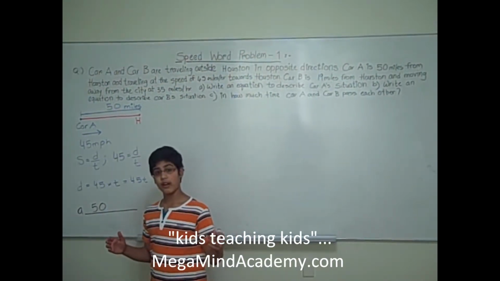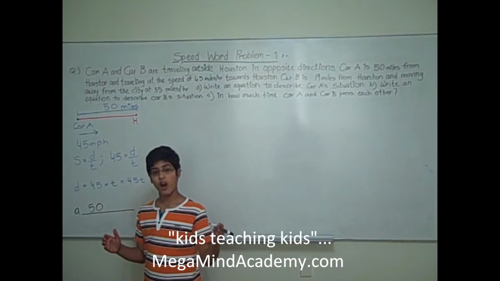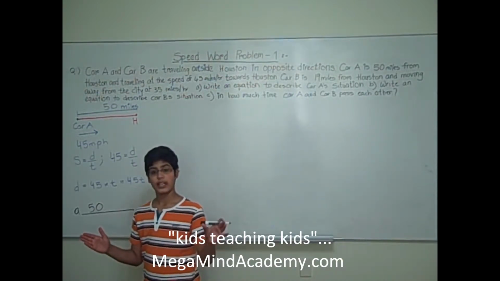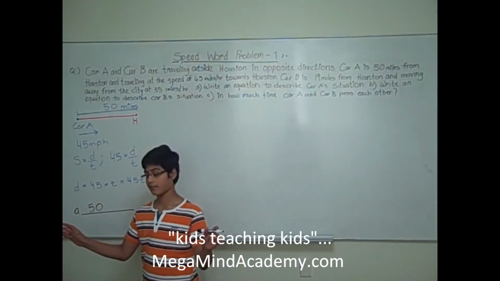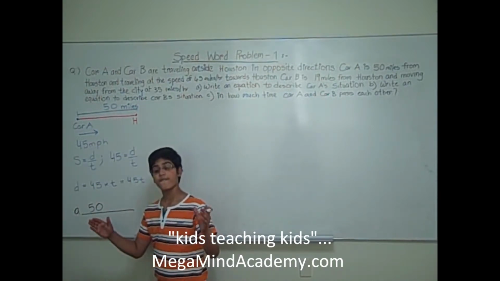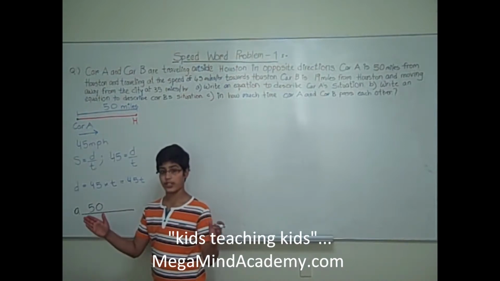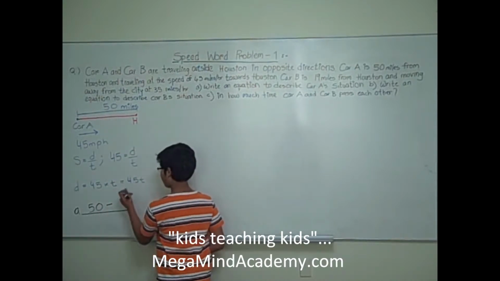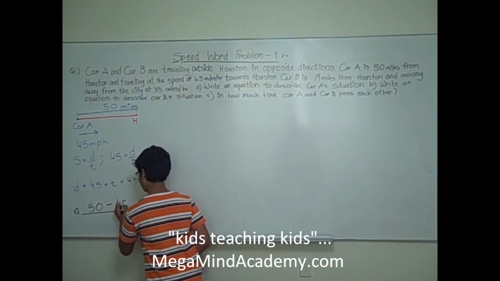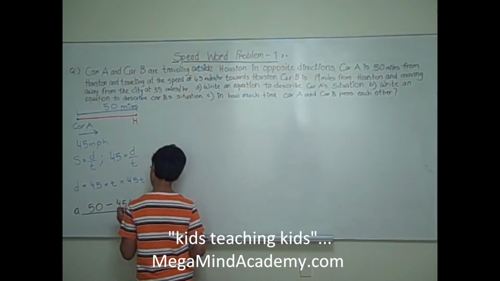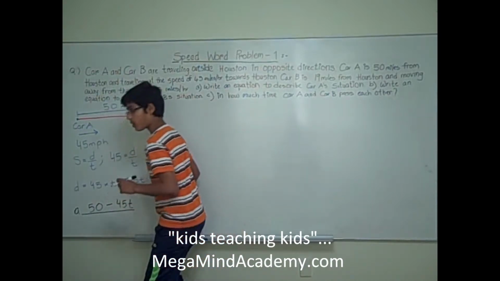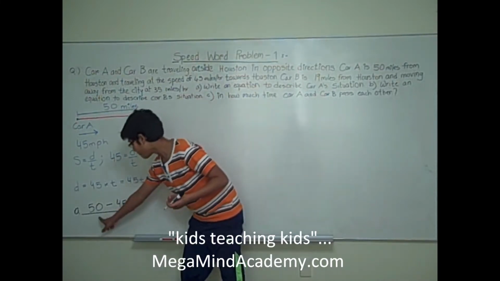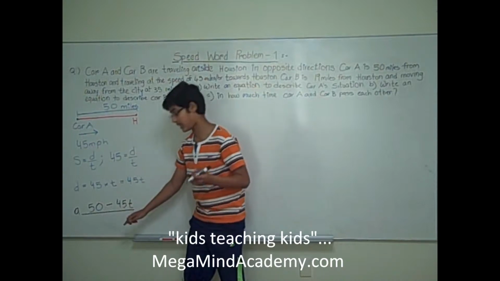So, in the amount of time given, car A will reduce the distance between itself and Houston. So this means that we have to do 50 minus, because we are reducing the distance, so 50 minus 45t. So, the equation to show car A's situation is 50 minus 45t.